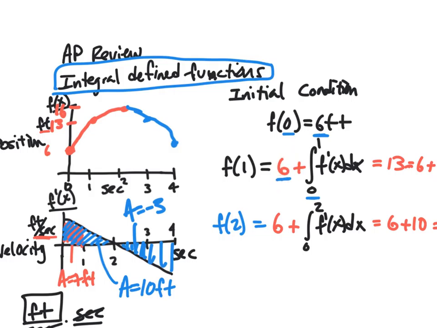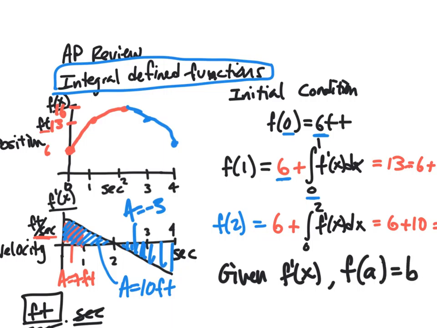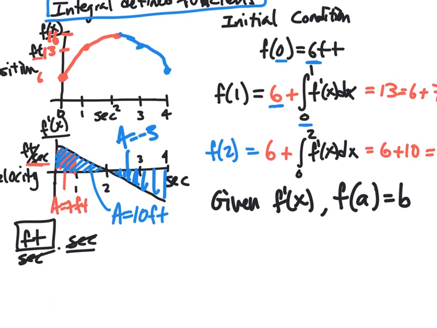So if you're given f of x, or f prime of x, and a point on that graph, and I'm going to say that f of a is equal to b, then if I wanted to write a function, given that I have a derivative, if I wanted to write a function f of x, then that's going to be an integral defined function where this b value here, the y value of my initial condition, becomes this number here.